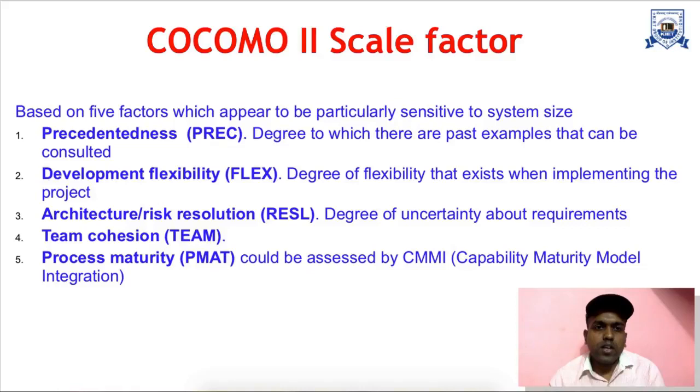Third one is architecture or risk resolution, that is RESL. It is the degree of uncertainty about the requirements. So if the requirements are uncertain or changing, the degree of uncertainty can be calculated using this one. And TEAM, that is the cohesion among the teams. Process maturity, denoted by PMAT, could be assessed by the CMMI, that is capability maturity model integration.